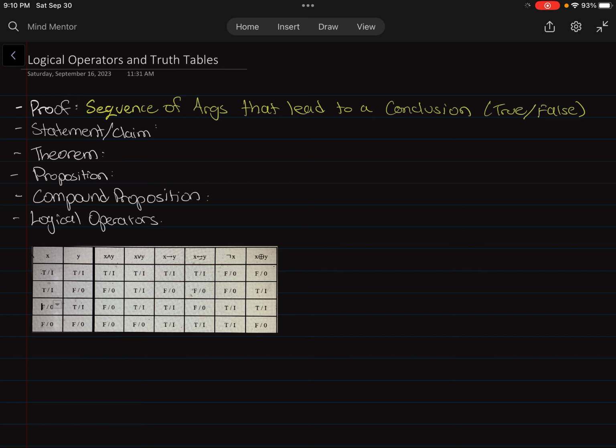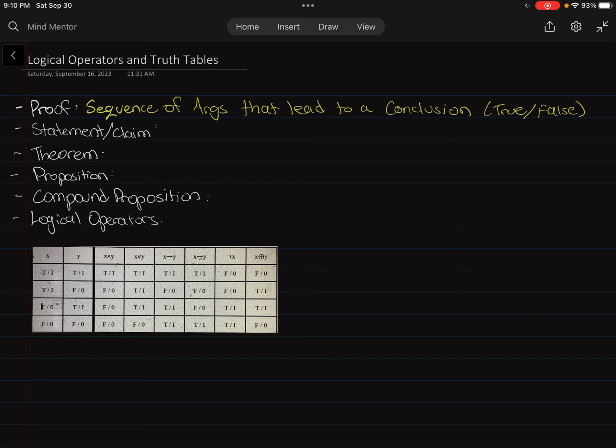So if I said oranges are round, and I wanted to write out a formal proof for the case that oranges are round, then I would have to write out a sequence of arguments and then write a conclusion, which states that yes, indeed, oranges are round, or no, oranges are not round. And it has to be supported by the arguments that are used in the proof.